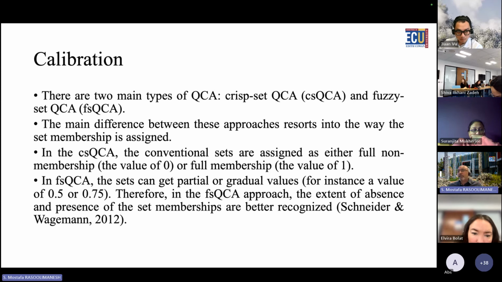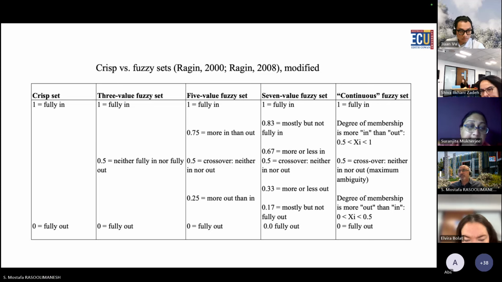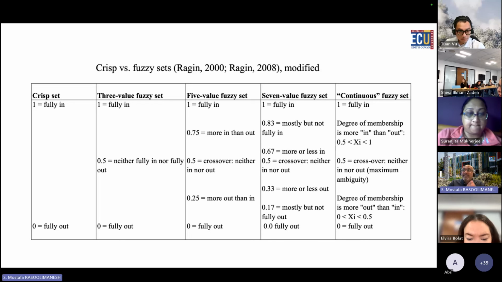But in reality, especially for quantitative data, if we calibrate our data and rescale it only to 0 and 1, we lose so much information, right? And the outcome won't be a meaningful outcome. Because of this reason, for quantitative data, we move from this crisp set to multi-level and fuzzy set QCA.